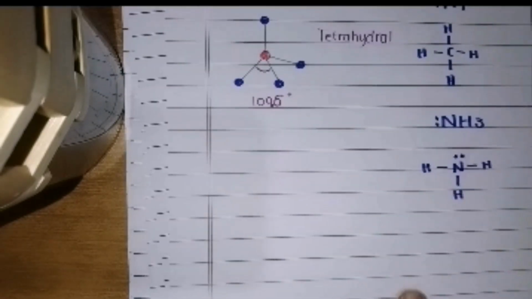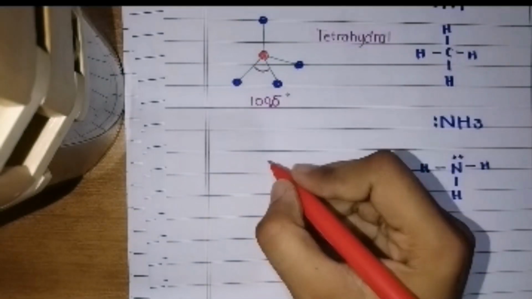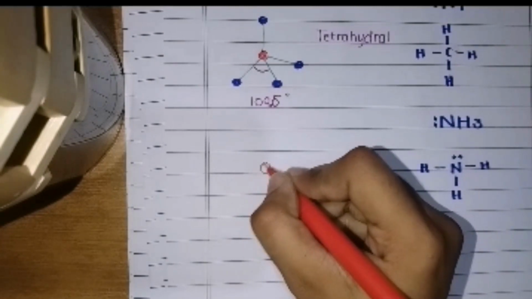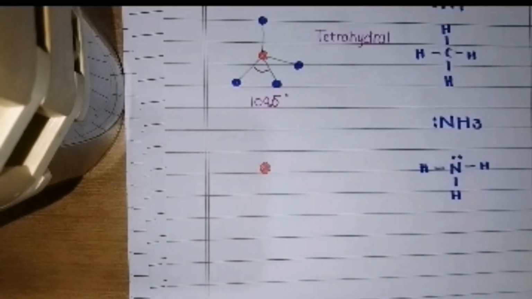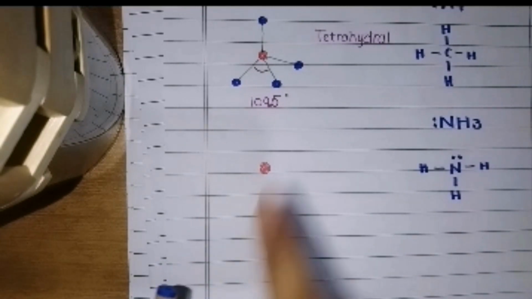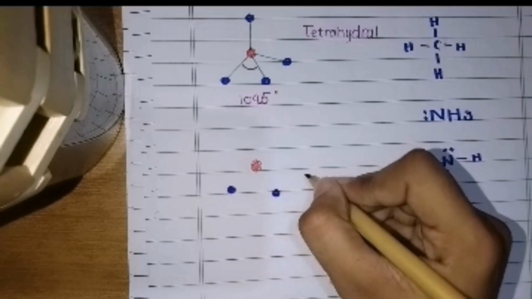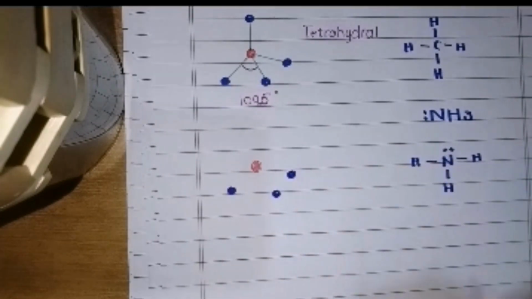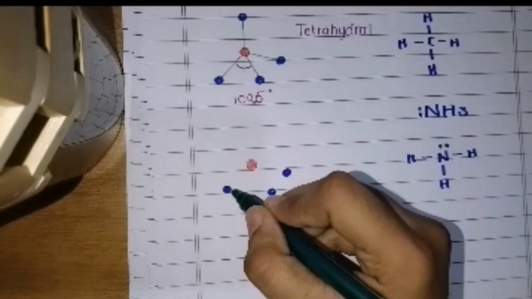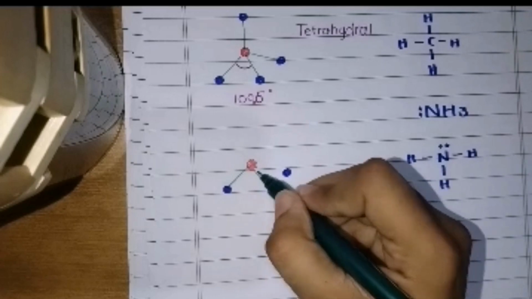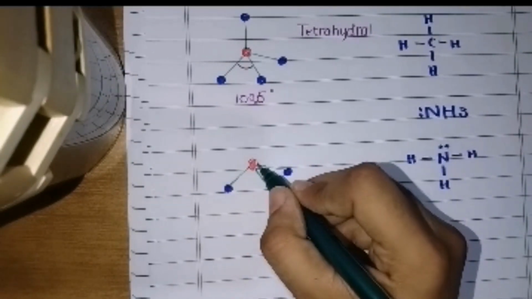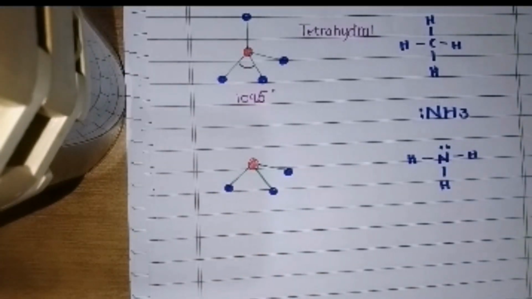So the main structure is based on the tetrahedral molecule. So we'll draw a tetrahedral molecule just like that. All three bonds would be just in the same positions as we have drawn in the tetrahedral molecule, but the bond on the upside would be a little electron pair.